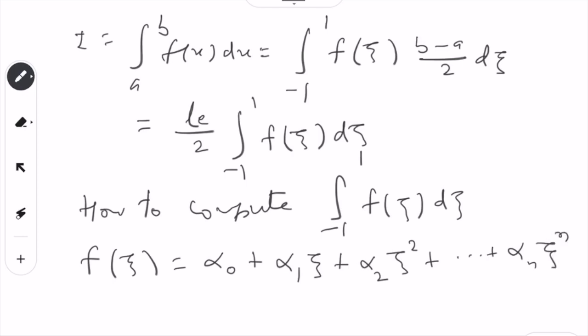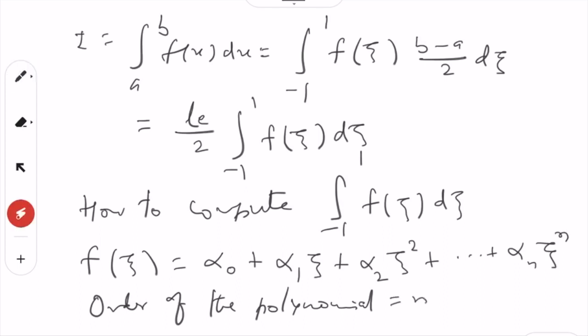Okay, so the order of the polynomial in this case is equal to n, right? So n is the order of the polynomial, or you can say alpha p times xi to the p as well. Okay, so let's use the order of the polynomial p basically.